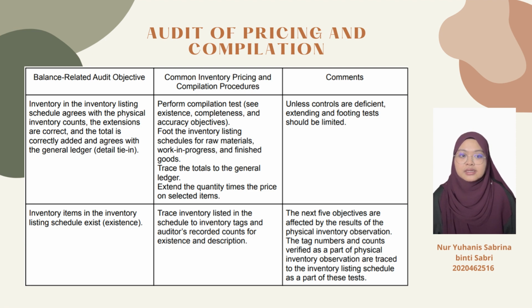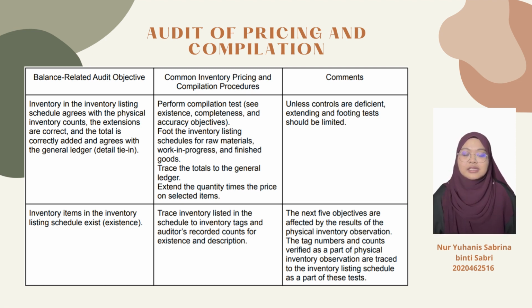The procedures are, firstly, to perform compilation tests, such as see existence, completeness, and accuracy objectives. Second, foot the inventory listing schedules for raw materials, work in progress, and finished goods. Third, trace the totals to the general ledger. Fourth, extend the quantity times the price on selected items. The comment is, unless controls are deficient, extending and footing tests should be limited.